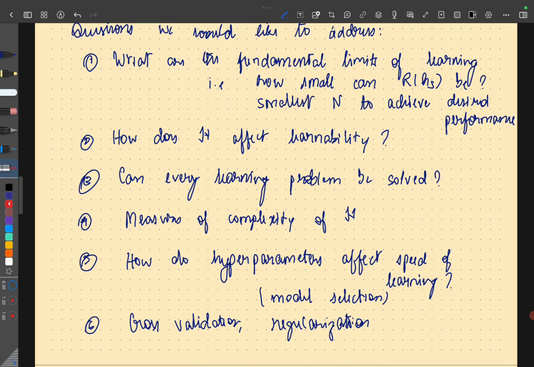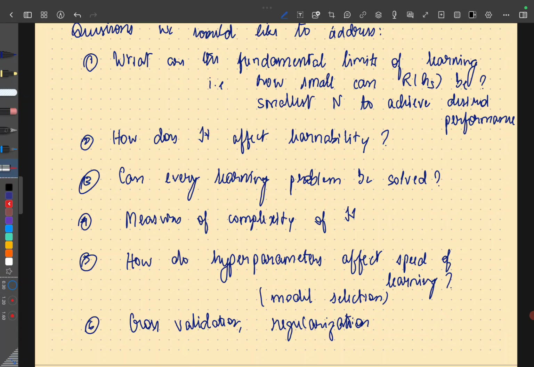Let's say you want the risk to be 0.1 with probability at least 0.99. Then what is the minimum number of data points that you require in order to get this target performance?